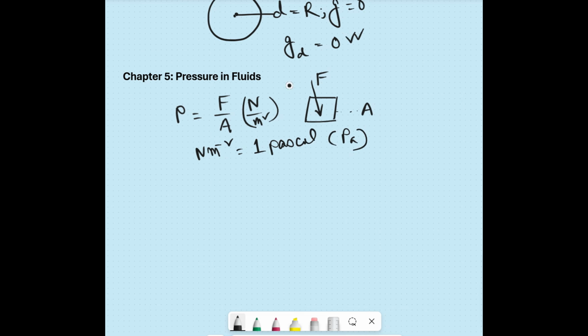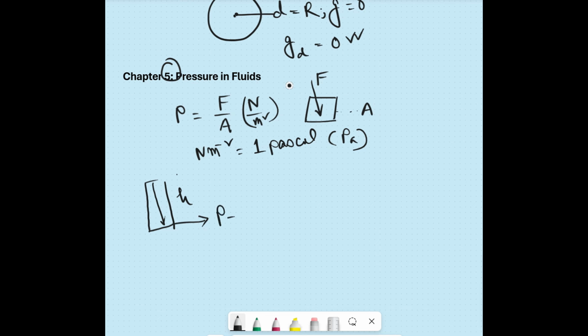So this is actually chapter number 5, where we are going to learn about pressure. If there is a container and the height of the container is h, at the bottom, from the top to here, h distance, what will be the pressure of the fluid or the liquid?